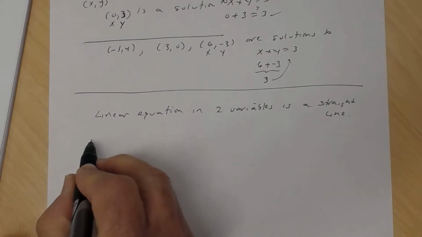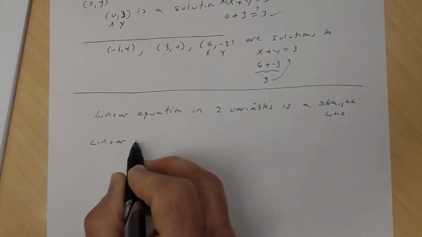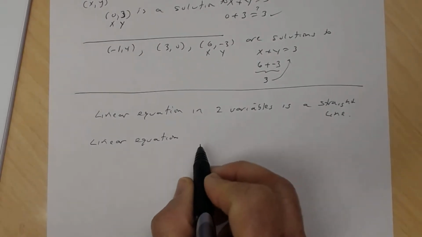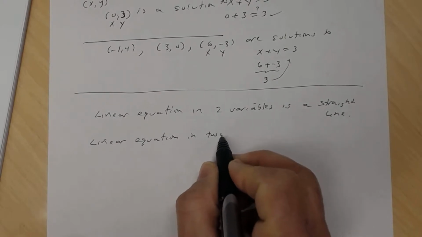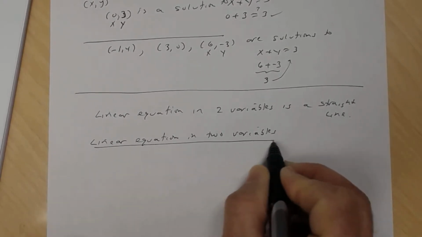So in terms of the definition, let's talk about what a linear equation in two variables looks like. So here's the definition.